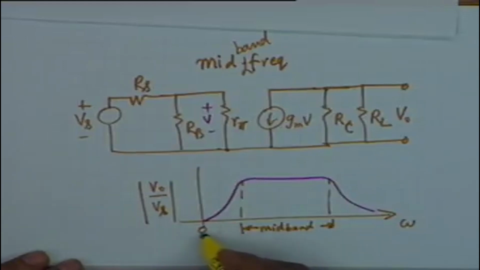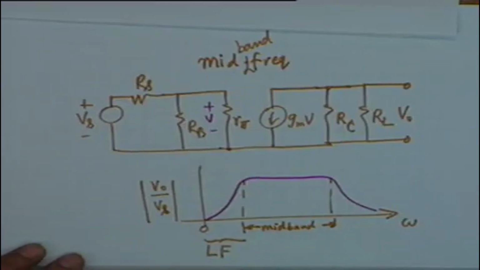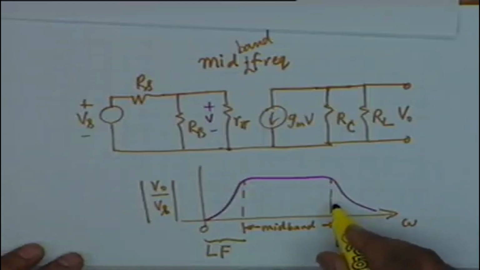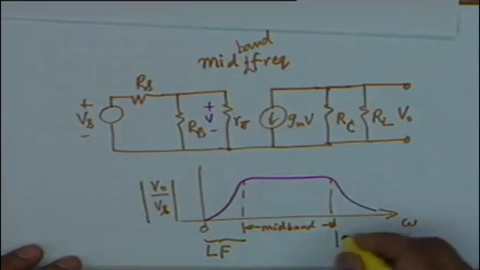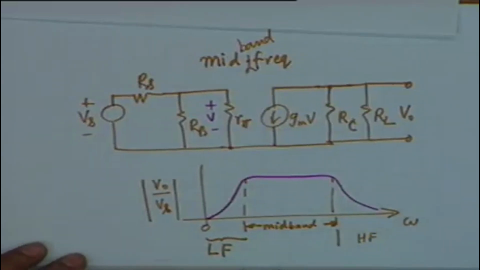The region from 0 to the beginning of the mid band is denoted as the low frequency region, and the frequency range from the end of the mid band to infinite frequency, theoretically, is the high frequency band.